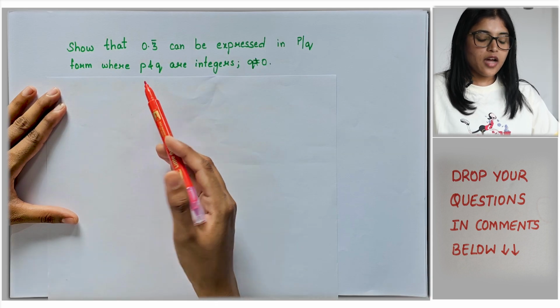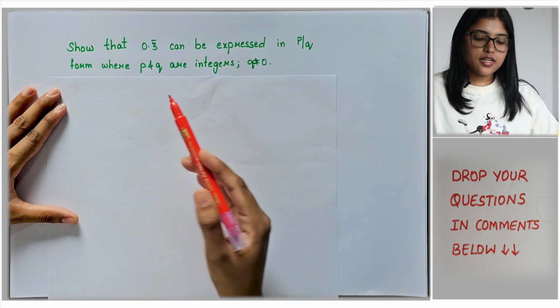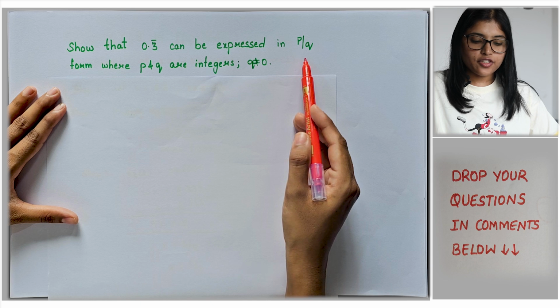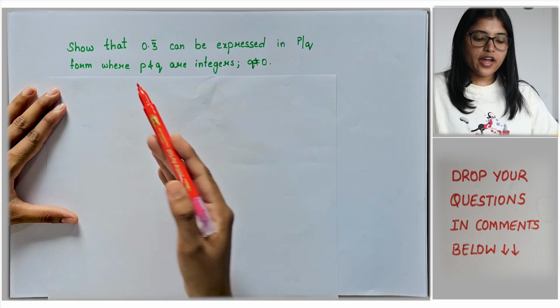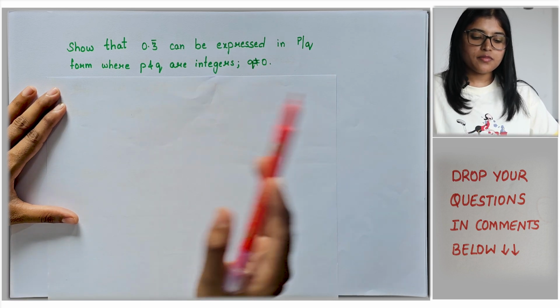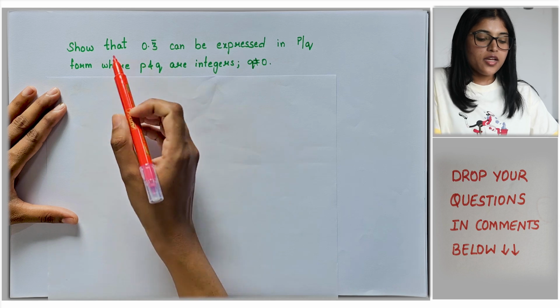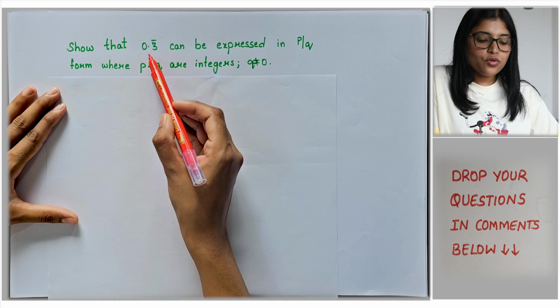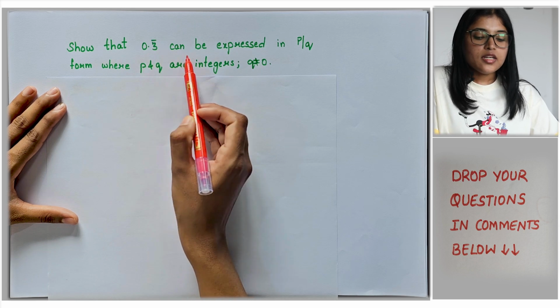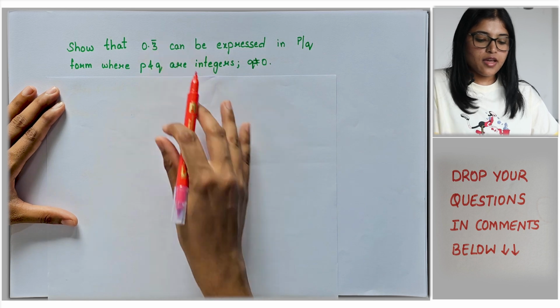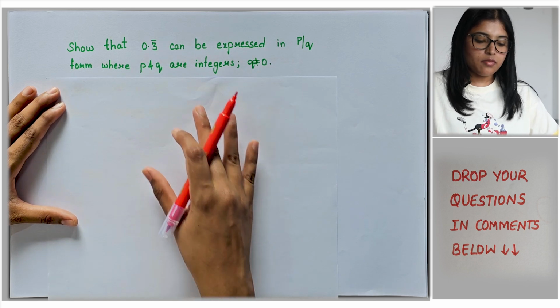Now let's look at how we can show these recurring decimals in terms of fractions. So we saw how fractions can be expressed in terms of decimals. Now we learn how to do the opposite. In this question, we see how to represent 0.3 bar in p by q form, for example, where 3 is the recurring decimal.